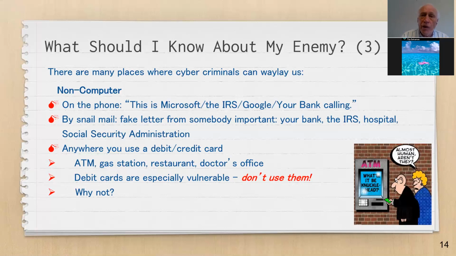If they say this is the IRS, hang up immediately, because in general, the IRS doesn't call you to say you haven't paid your taxes and we're going to arrest you. The IRS will send you a letter saying you haven't paid taxes, or they'll impound your money. They can do that legally in your bank account and do not call you. And they certainly have tried a scam like this on me.